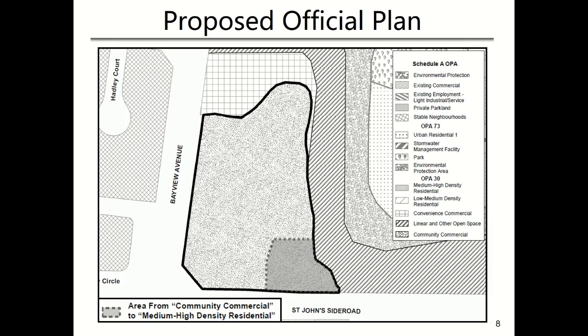Site-specific policy amendments to the proposed medium high density residential designation are also required and generally include the addition of a residential apartment building as a permitted use, 6-story height, whereas the policy provides that buildings shall generally not exceed 4 stories, and to permit a net residential density of 102 units per acre, whereas the policy provides a maximum of 40 units per acre.